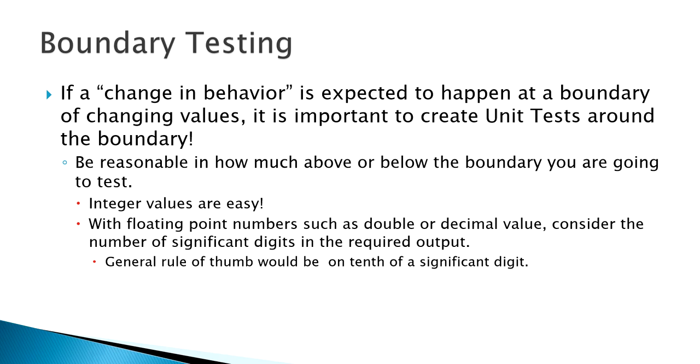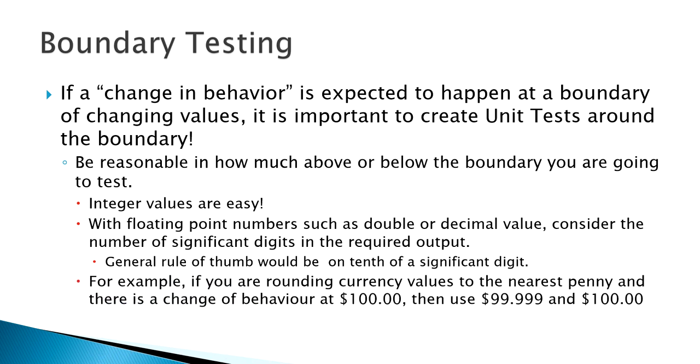Floating point numbers are a little trickier. Double, decimal, any kind of floating point number. As a general rule, we look at the number of significant digits that you're using in the required output. And as a rule of thumb, we often go to 1/10 of a significant digit, 1/10 of whatever the significant digits are that are being used for output to the screen or whatever.